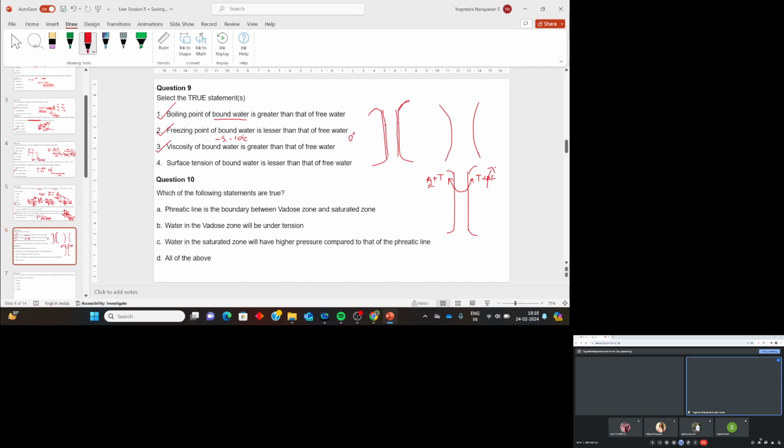This will be zero. So this is the extra component which is getting added up.